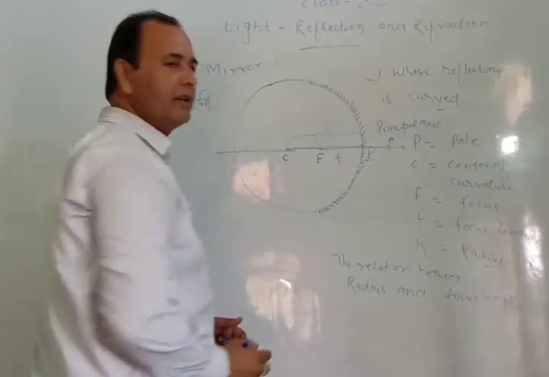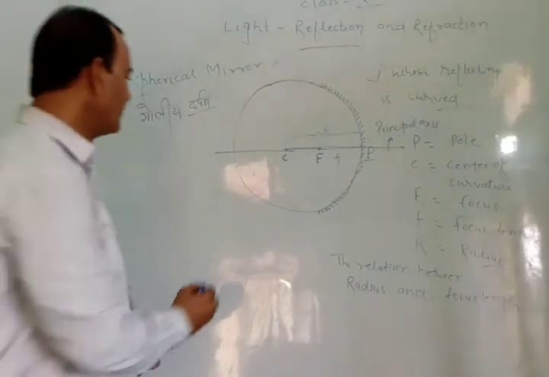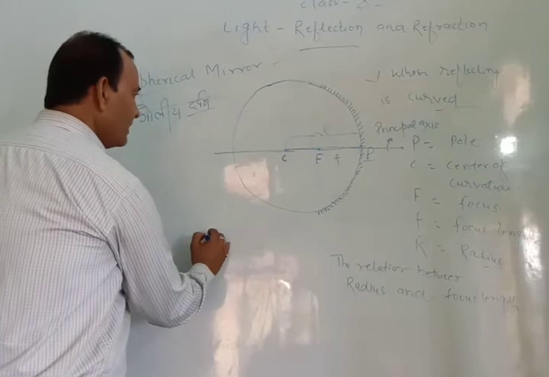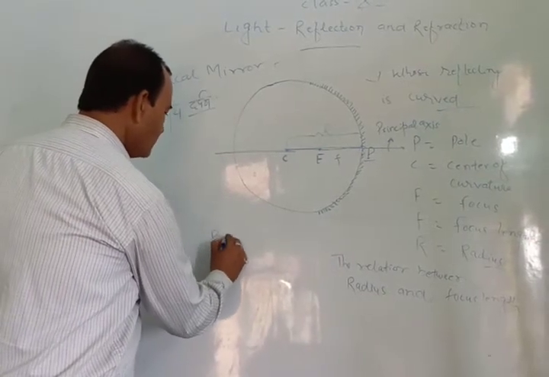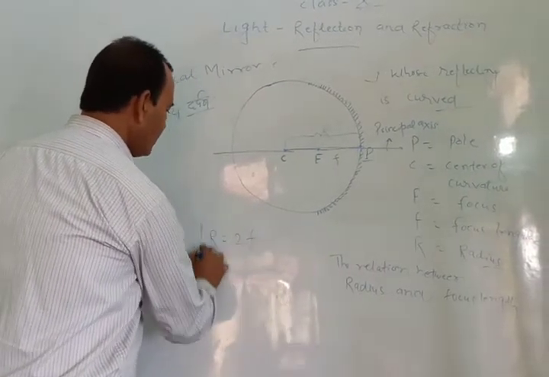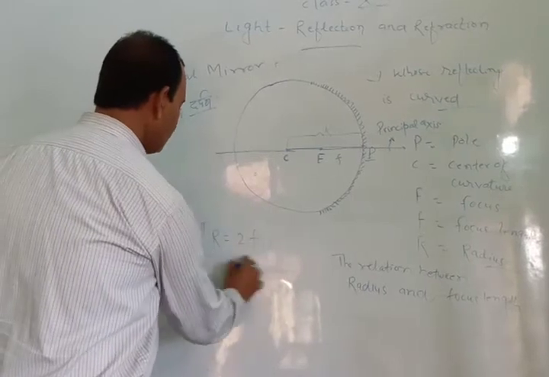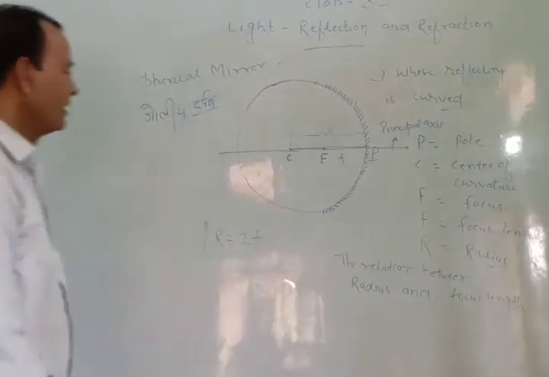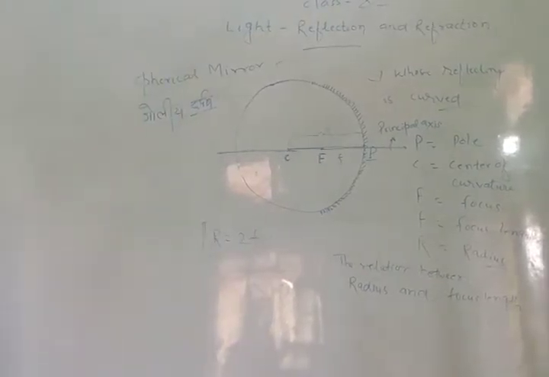So how can we define it mathematically? R is equal to 2 times f. You have to remember this because it is used in exercise problems.